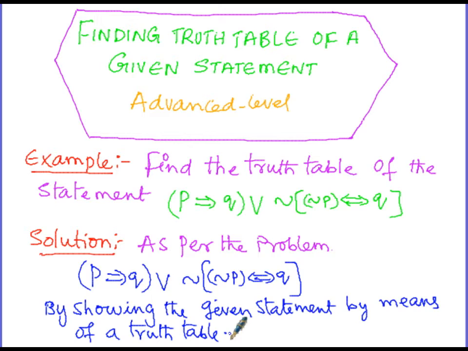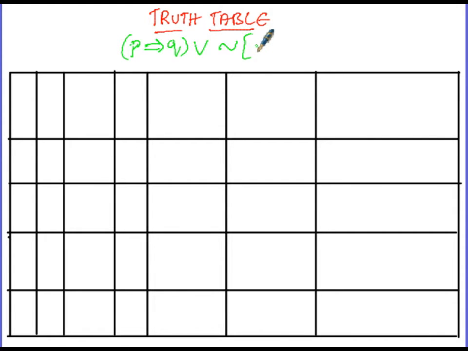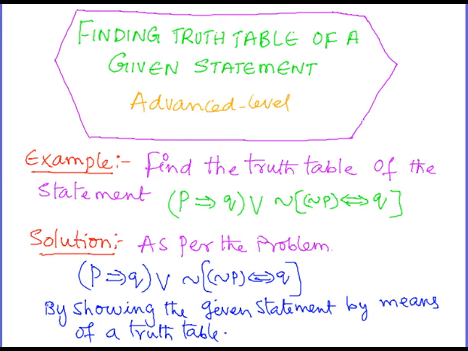So here this is the truth table of the given statement, that is nothing but P implies Q or negation of negation P by implies Q. Then now here we have to show this P implies Q or negation of that negation P by implies Q by means of this truth table.